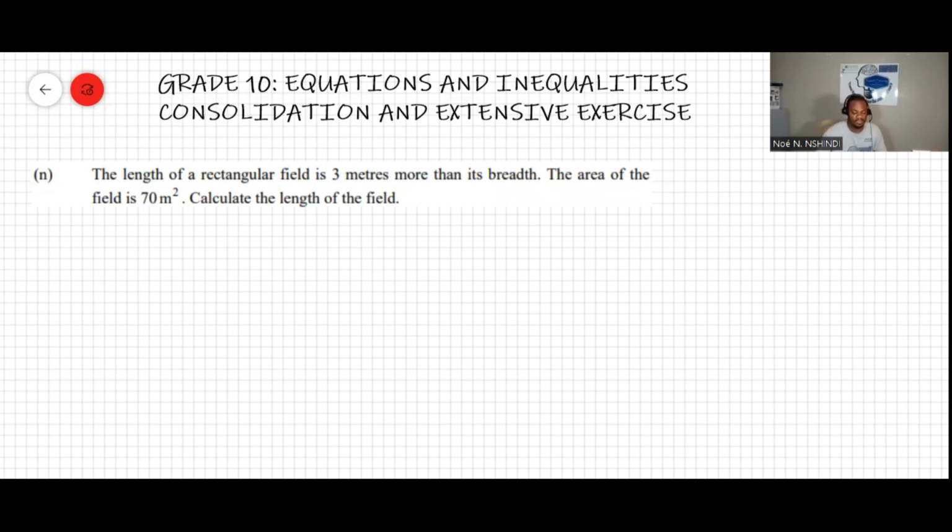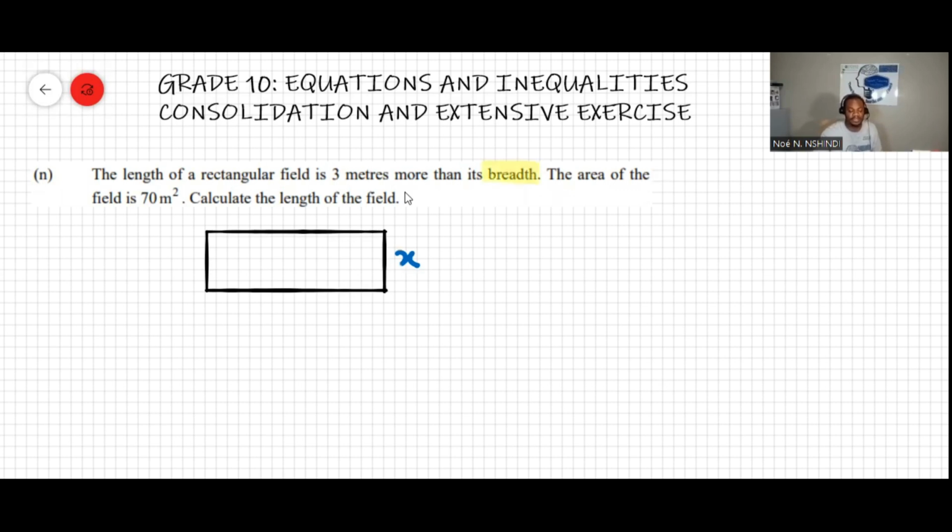Well, in a situation like this, I always believe it's better if we draw a diagram. Let's say this is the field. It is said that the length is 3 meters more than the width, the breadth. In situations like this, it's better to start by identifying this.